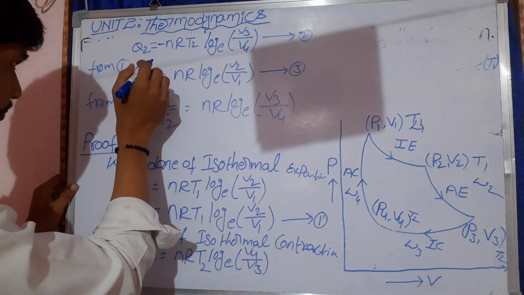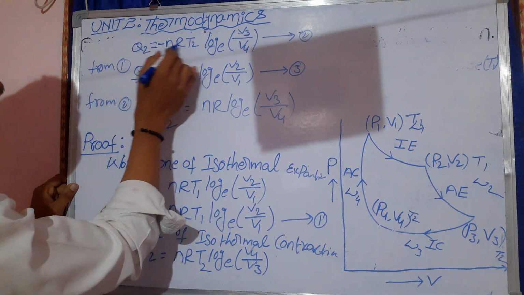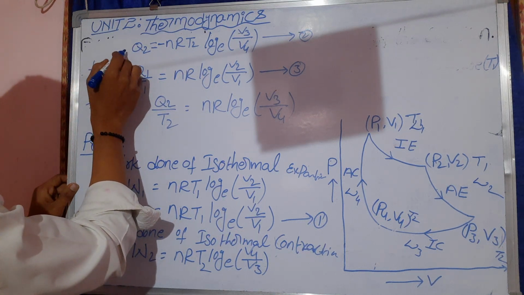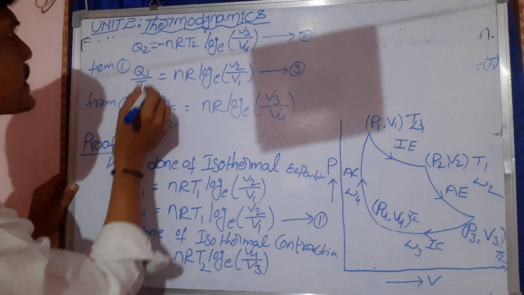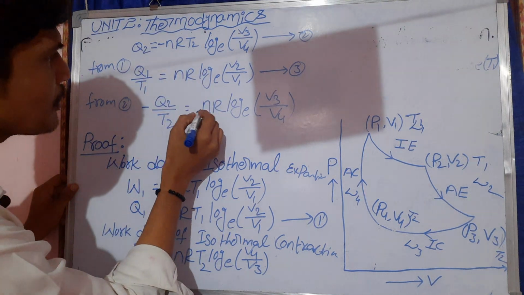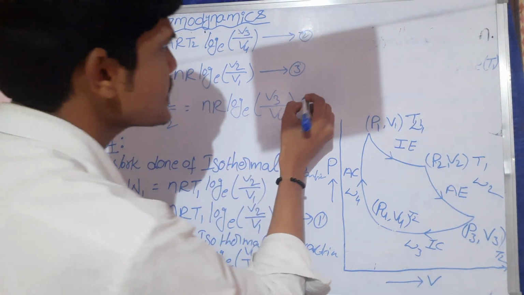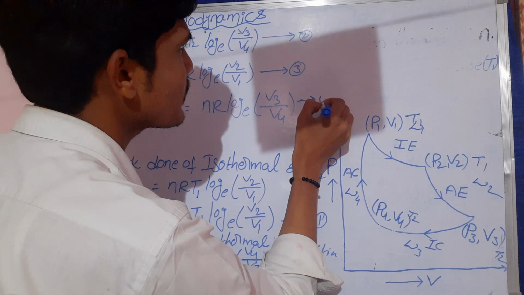Multiplying both sides by minus, minus into minus gives plus. So this is equation number 4.